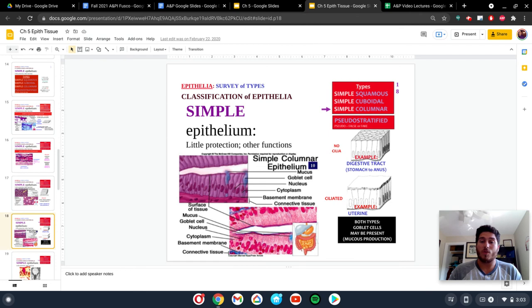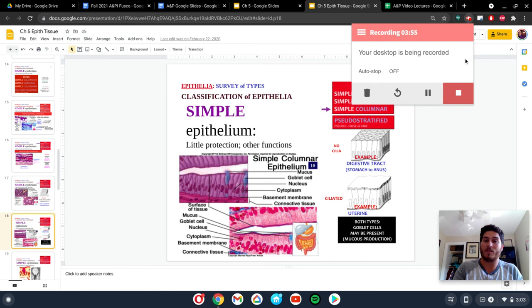We can see these doing things such as absorption in the body, and we can find these all throughout the body. As you can see in these couple examples, you may see them in places like the digestive tract, which runs the entire inside of your body, as well as places like the uterine wall. So with that said, you are welcome to look at these cells in a little more detail to find some more locations and functions for each of these simple epithelium.